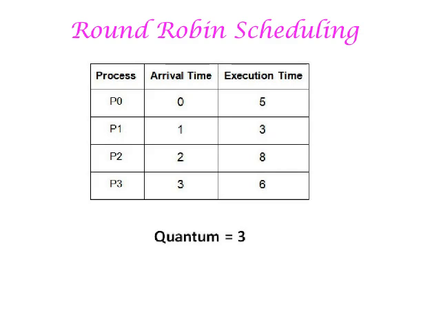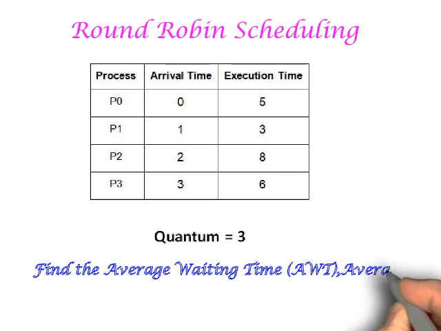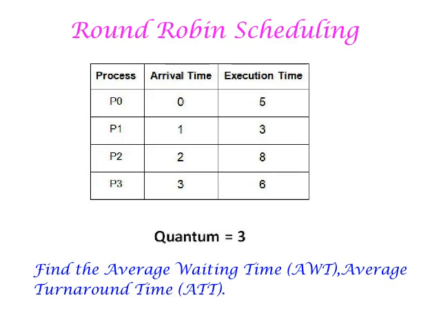Their execution or burst times are 5, 3, 8 and 6, along with the quantum duration. The question is to find the average waiting time and average turnaround time. In this example, consider the numbers as seconds, and the quantum duration is 3 seconds per quantum.